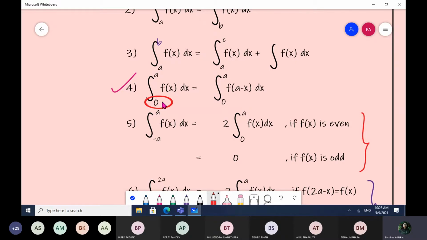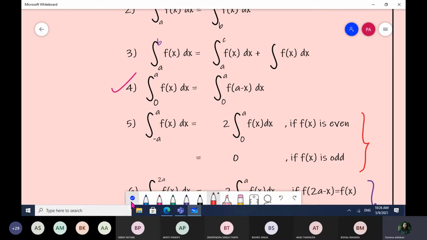So what is the condition? Your lower limit has to be 0. And what are the changes we are making? In place of x in your function we are replacing it by upper limit minus x. I've already explained this with an example, so I will not go through it again. We are just recalling it.